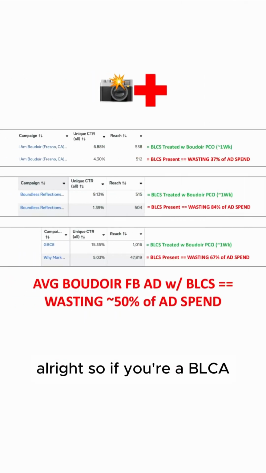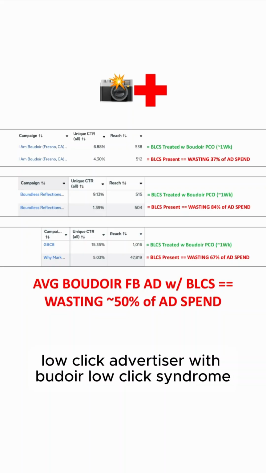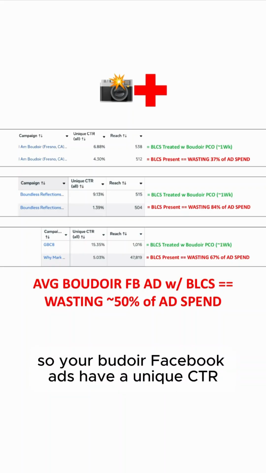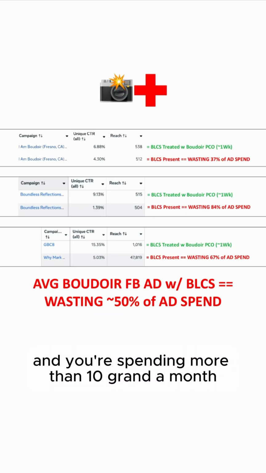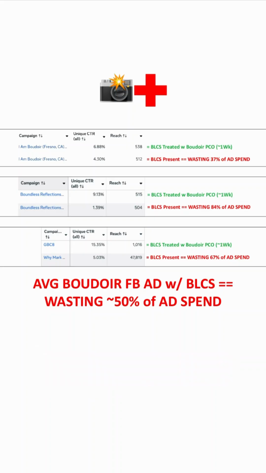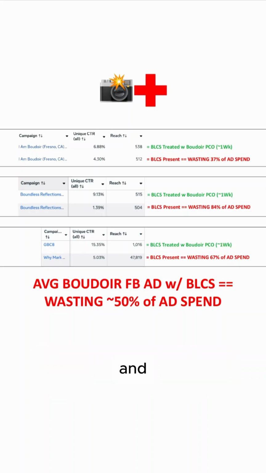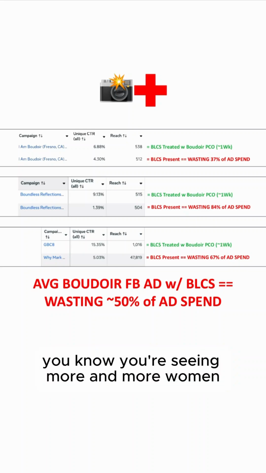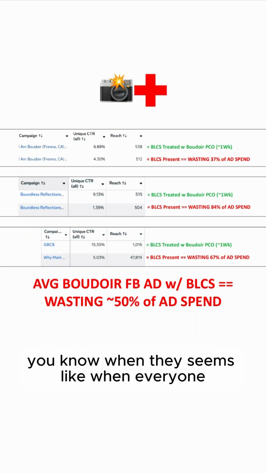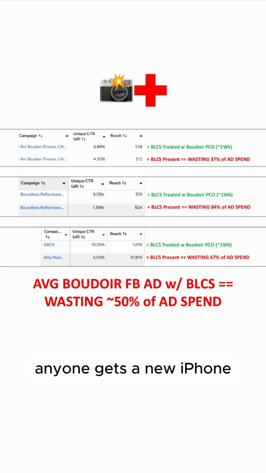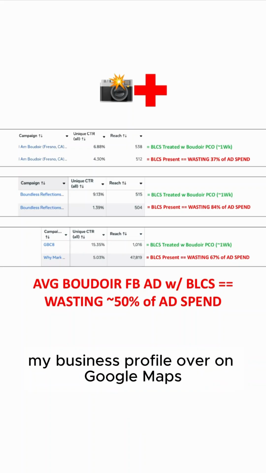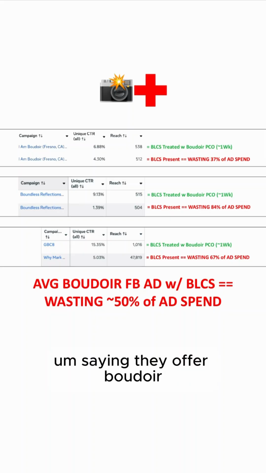All right, so if you're a BLCA with BLCS, so Boudoir low click advertiser with Boudoir low click syndrome, so your Boudoir Facebook ads have a unique CTR under 6%, and you're spending more than 10 grand a month on Boudoir Facebook ads, and you've looked at the marketplace, seeing it get more saturated in your city, and you're seeing more and more women, it seems like anyone who gets a new iPhone is throwing up a new Google My Business profile on Google Maps, saying they offer boudoir.